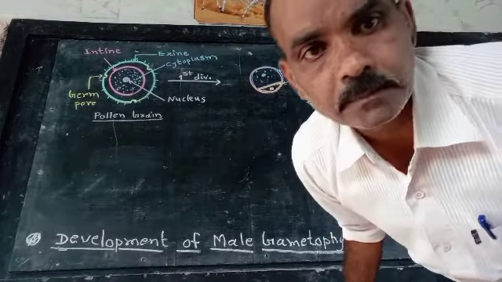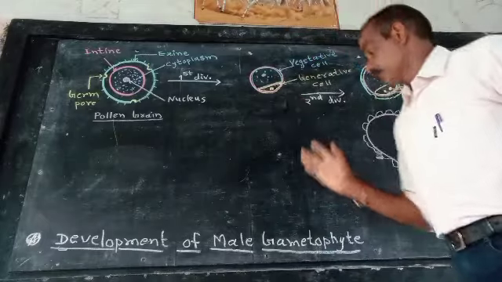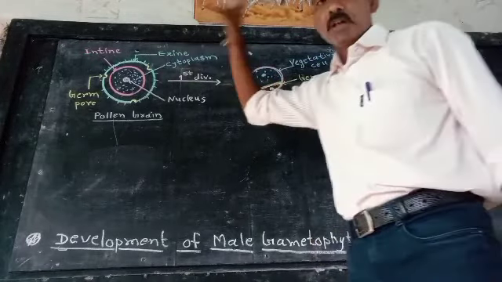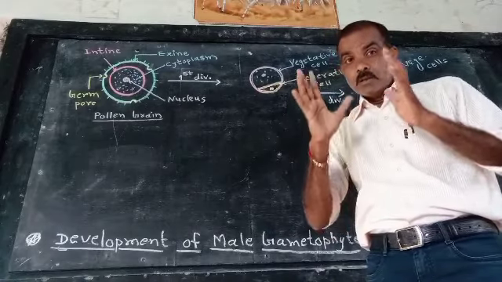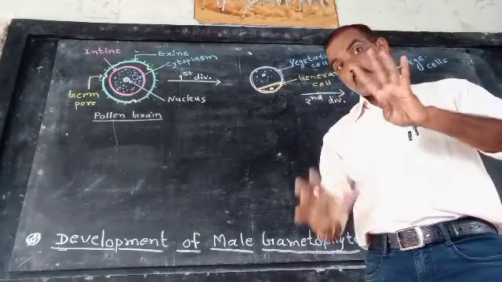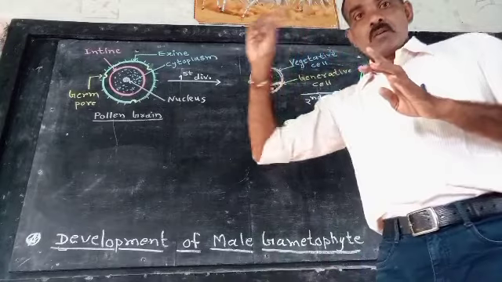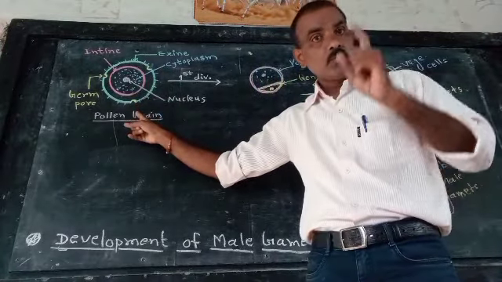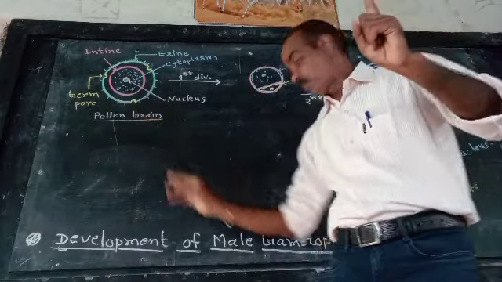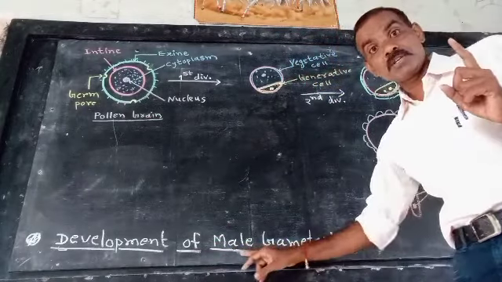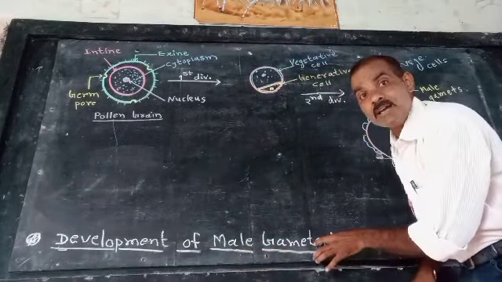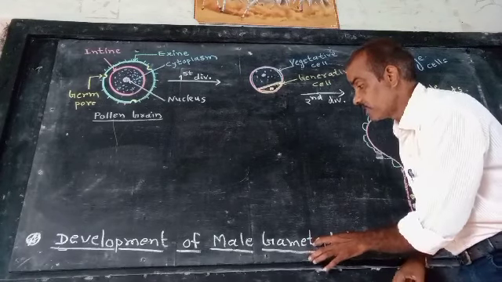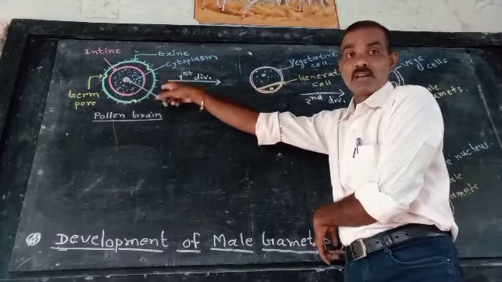The male gametophyte is developed from the pollen grain. First step, pollen grain. Now listen here. Within your mind, you can keep four divisions. The formation of male gametophyte is from the male gamete, that is the pollen grain.